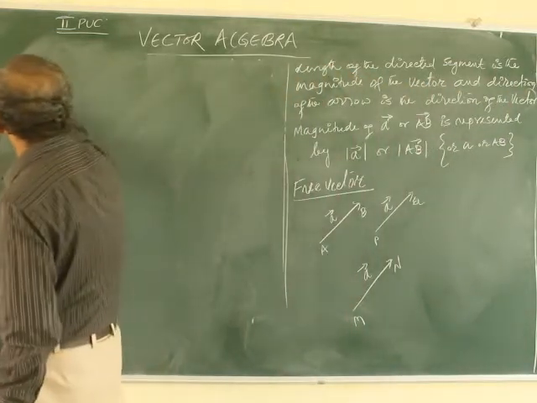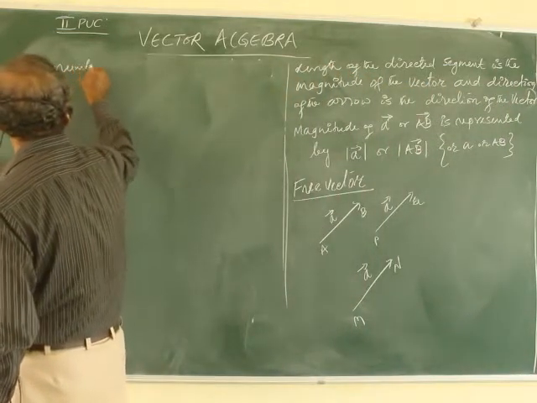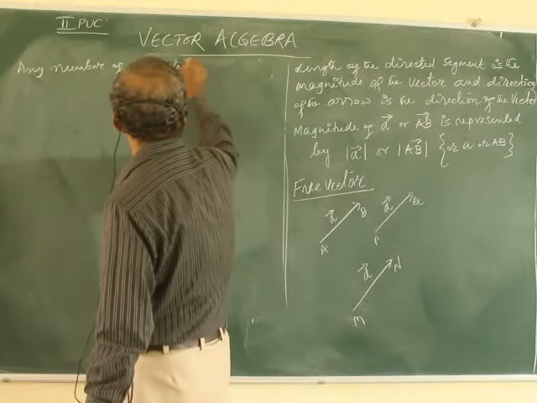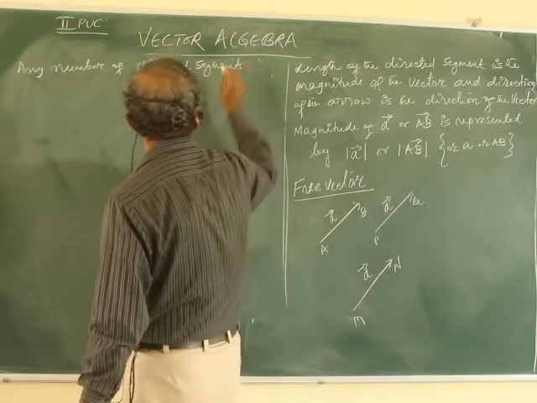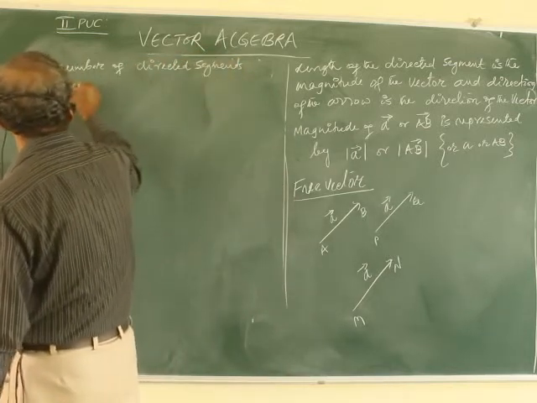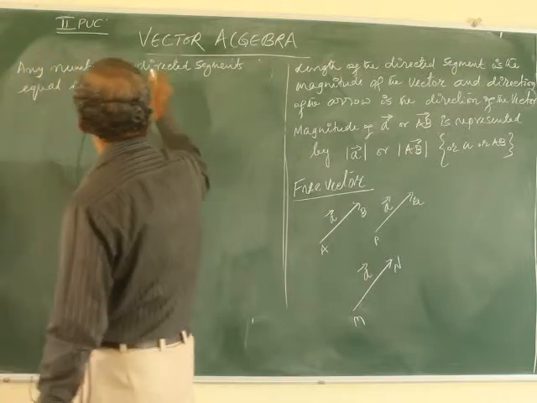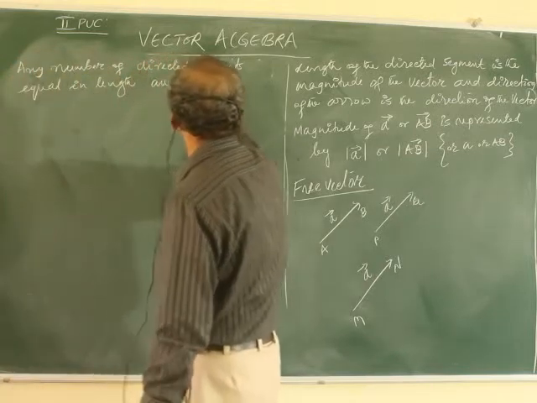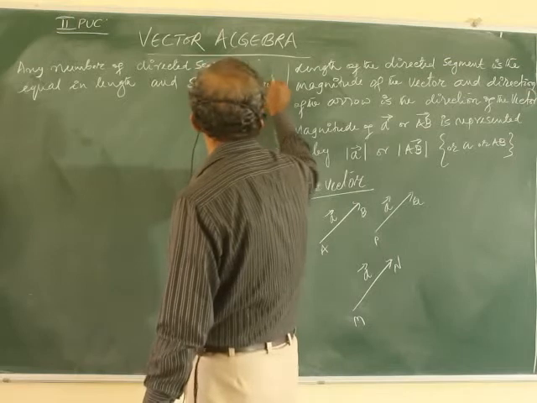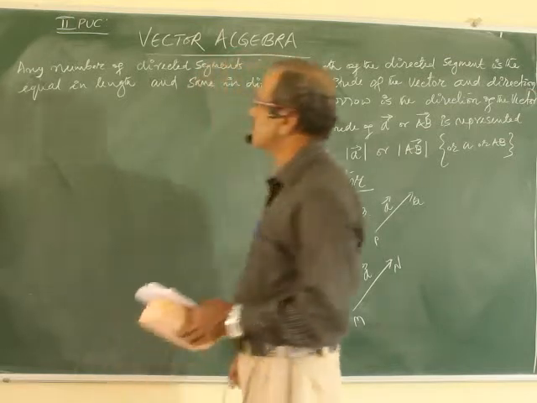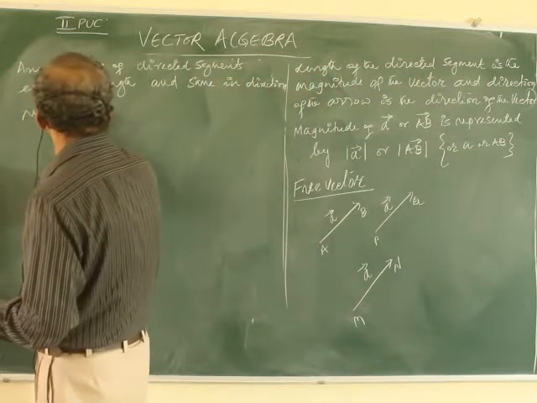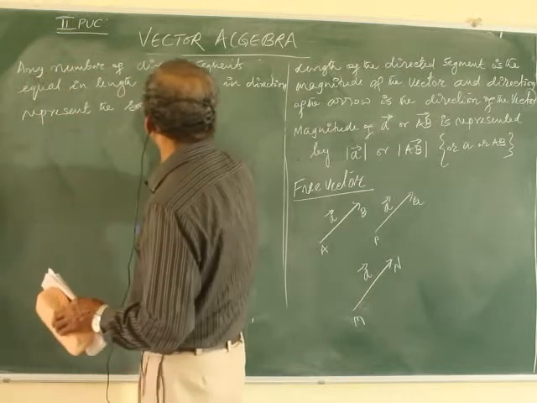Free vector: any number of directed segments equal in magnitude, equal in length, and same in direction represent the same vector.